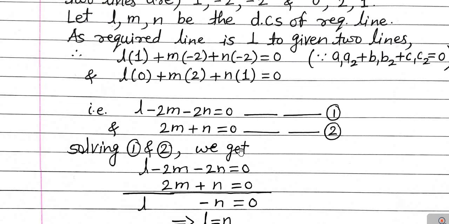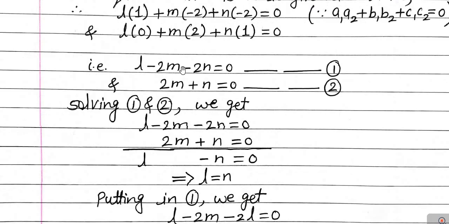Therefore, solving 1 and 2, first of all, keep the first equation as it is, which is L minus 2M minus 2N equal to 0, and the second equation, 2M plus N equal to 0, also as it is, and we will take their summation. As you observe, the middle term in the first equation is minus 2M and in the second equation is 2M.